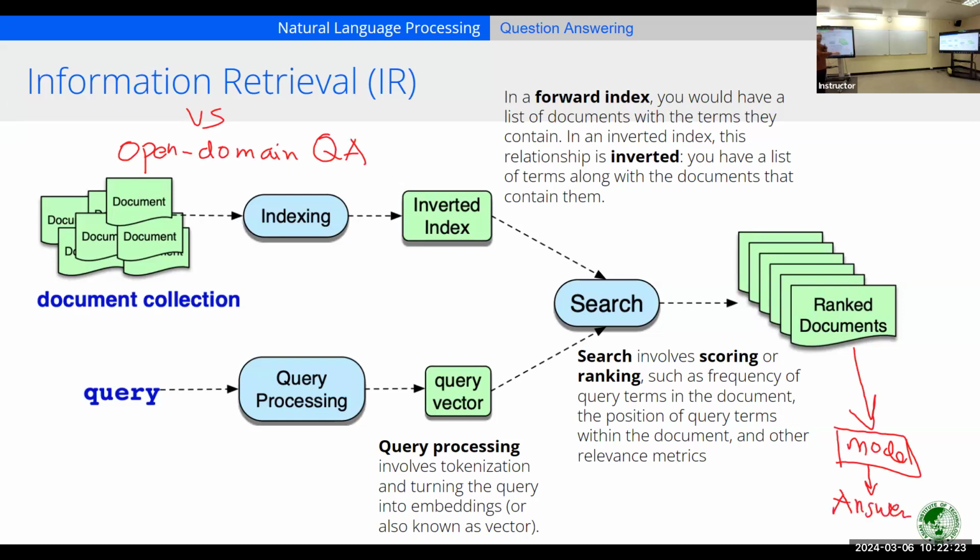So this is the only difference between information retrieval and open domain QA. Do you guys understand? Okay, so that's why I say that information retrieval and open domain QA are highly related. The only thing that open domain QA adds is that you take the ranked documents and insert them into some model to get the answer, right? So that is open domain QA.